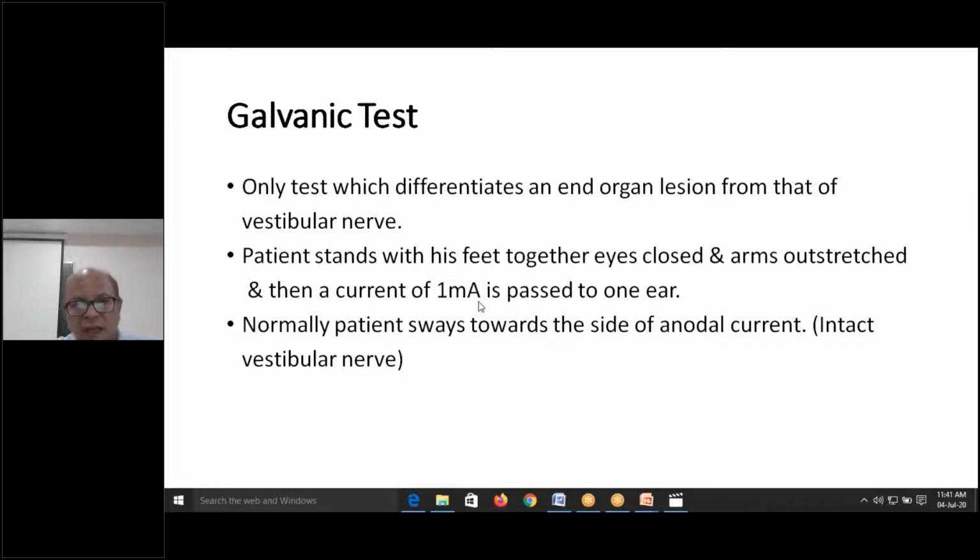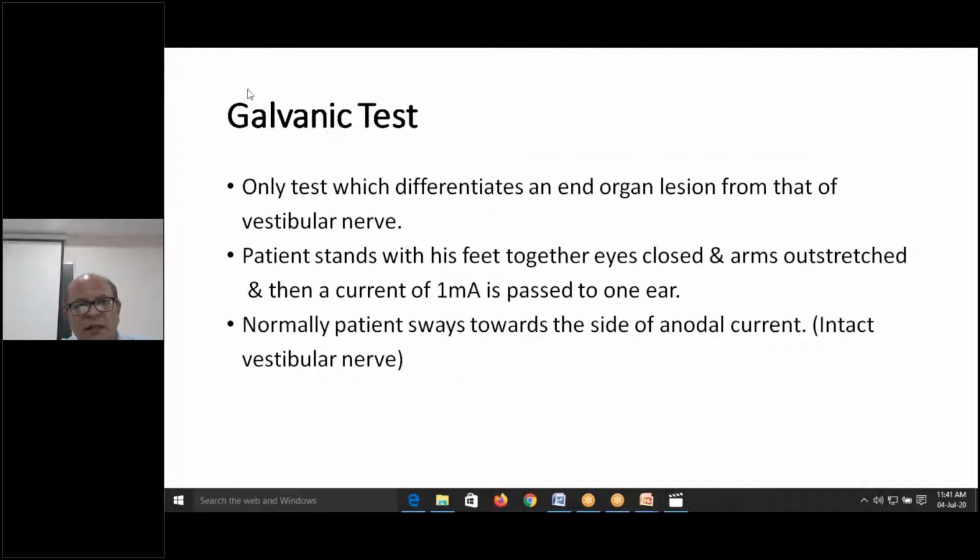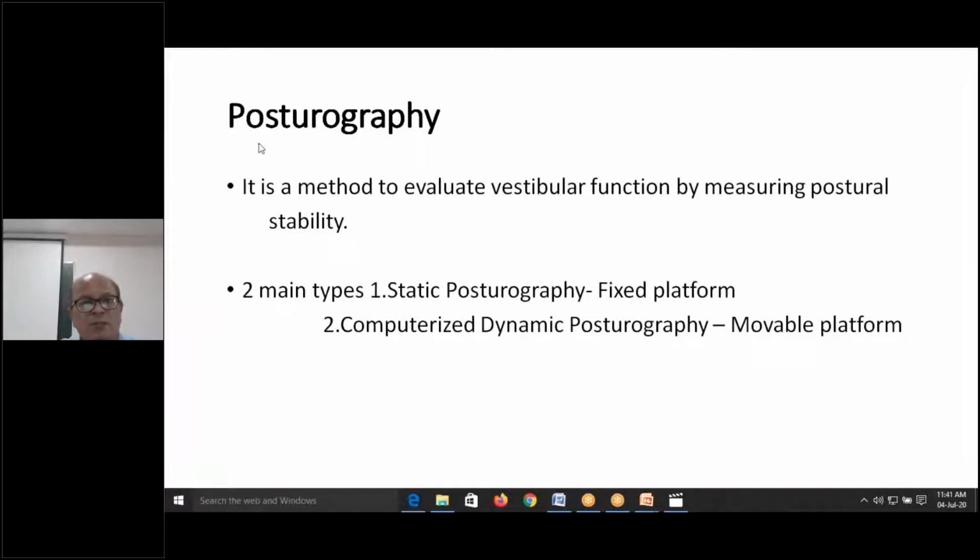So here you see all these tests which we were doing, we are testing the vestibulo-ocular reflex. But now here, the galvanic test and posturography, you start with the vestibulo-spinal reflex. So all these will test the vestibulo-spinal reflex.